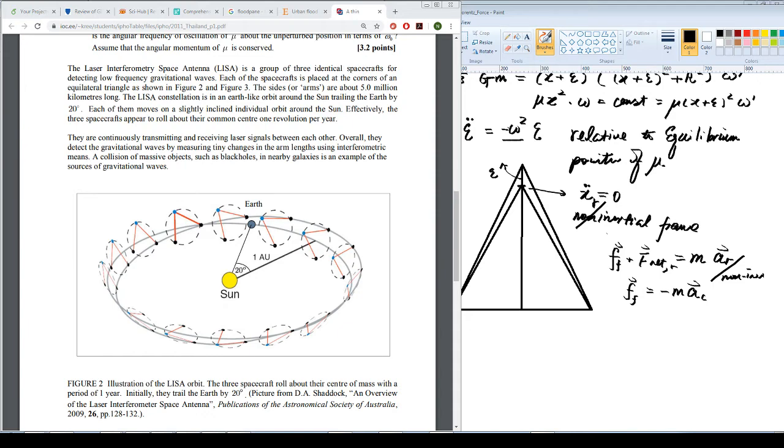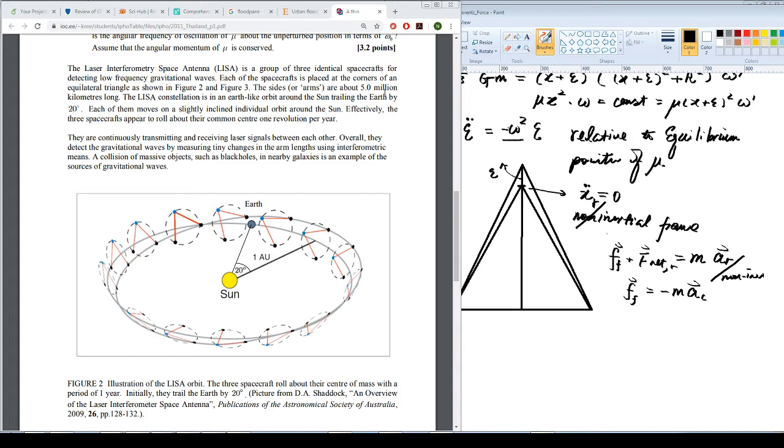Wait, they say that the sides are 5 million kilometers long. So the red line. The Earth's radius is 6,000 kilometers.